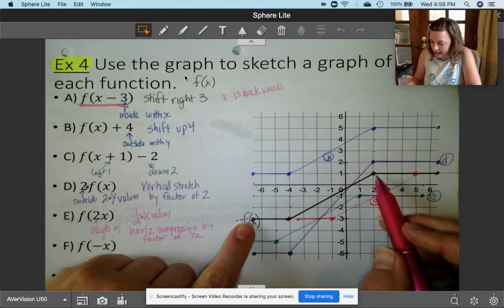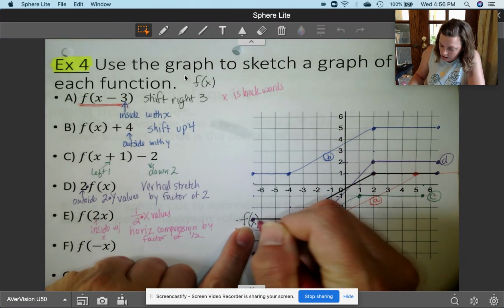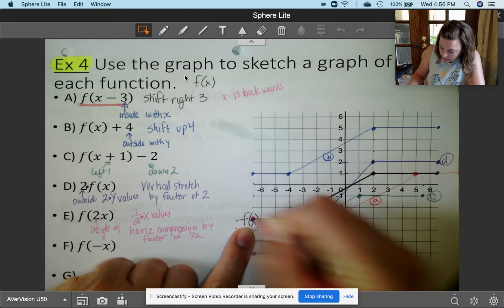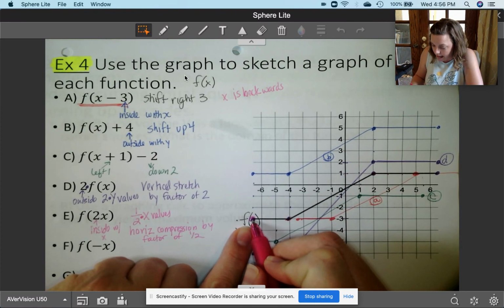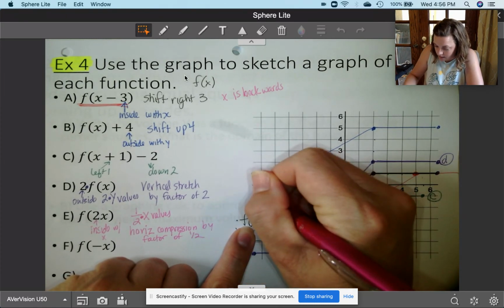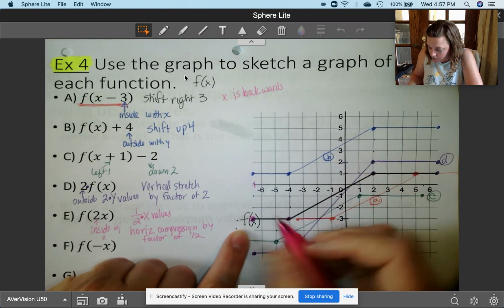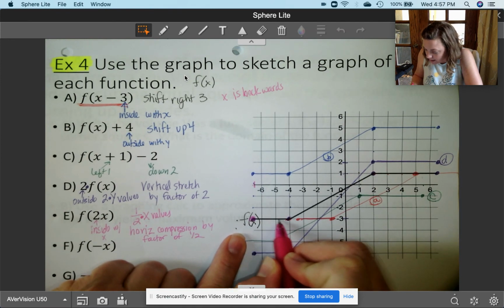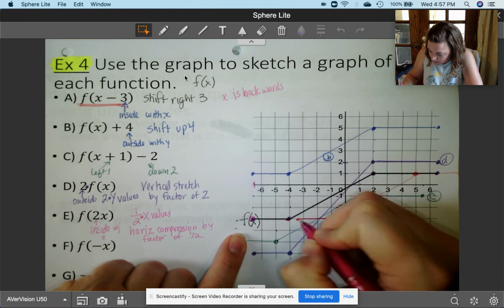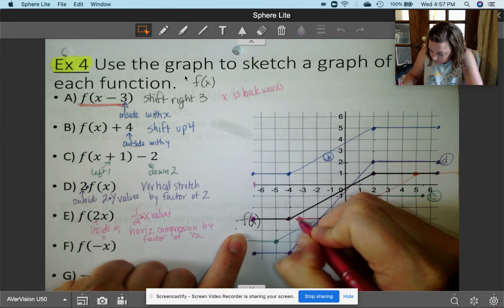So let's look back at our original function here. This is kind of a terrible one for this. We're here at, I'm going to say that that's on the x-axis negative 6.5. We want half of that x value. Half of that x value would be 3.25. So this point is compressing by half and coming to about right here.